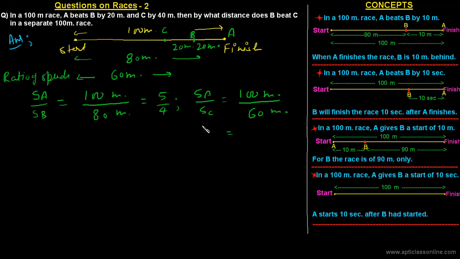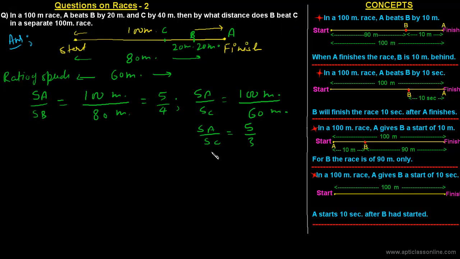That means SA by SC is equal to 100 by 60, that is 5 by 3. So the question is, by what distance does B beat C?